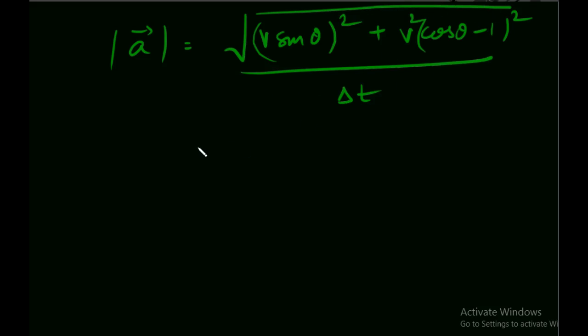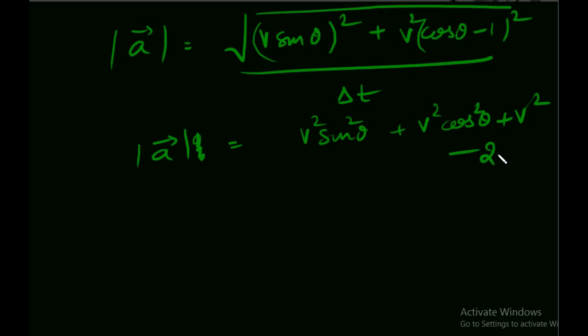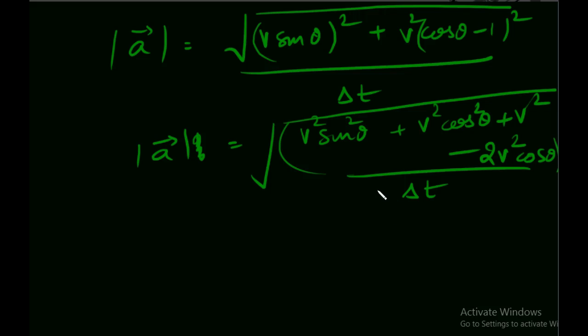So the acceleration would be equal to root of V square sine square theta plus V square cos square theta plus V square minus 2 V square cos theta, by delta t. Delta t is not under the root. I am telling you, it is outside the root. Only the numerator is under the root.